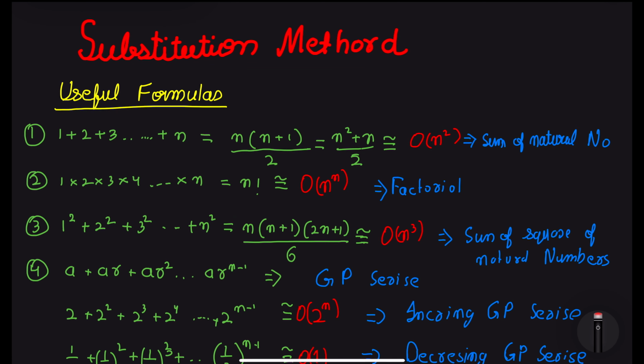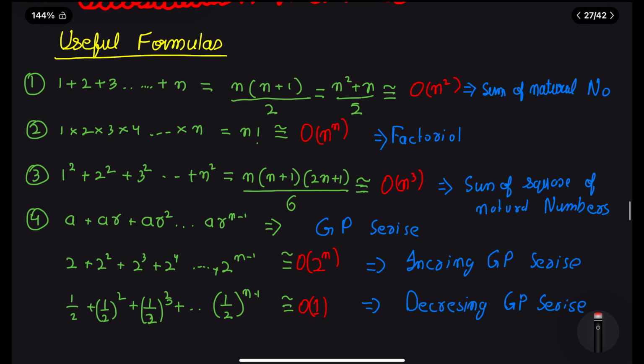Before we begin the substitution method, let's see some useful formulas that we are going to use throughout recurrence relation solving. The first one is the sum of natural numbers, 1 plus 2 plus 3 up to n, which equals n into n plus 1 by 2.